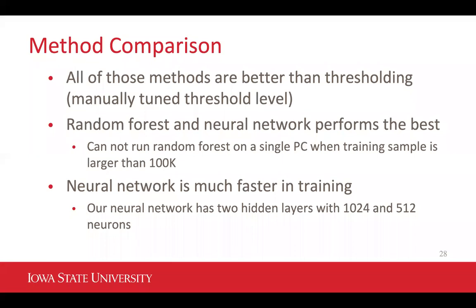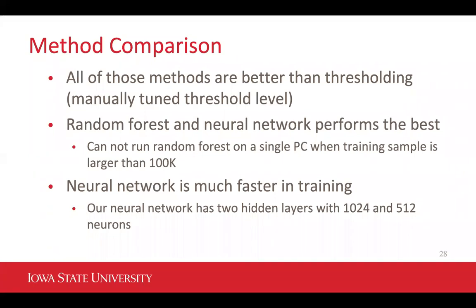However, random forest is very time consuming and computationally intensive because it needs to randomly draw subsamples and then run a tree on each subsample. We found that we cannot get the result on a single PC when the training sample is larger than 100,000.